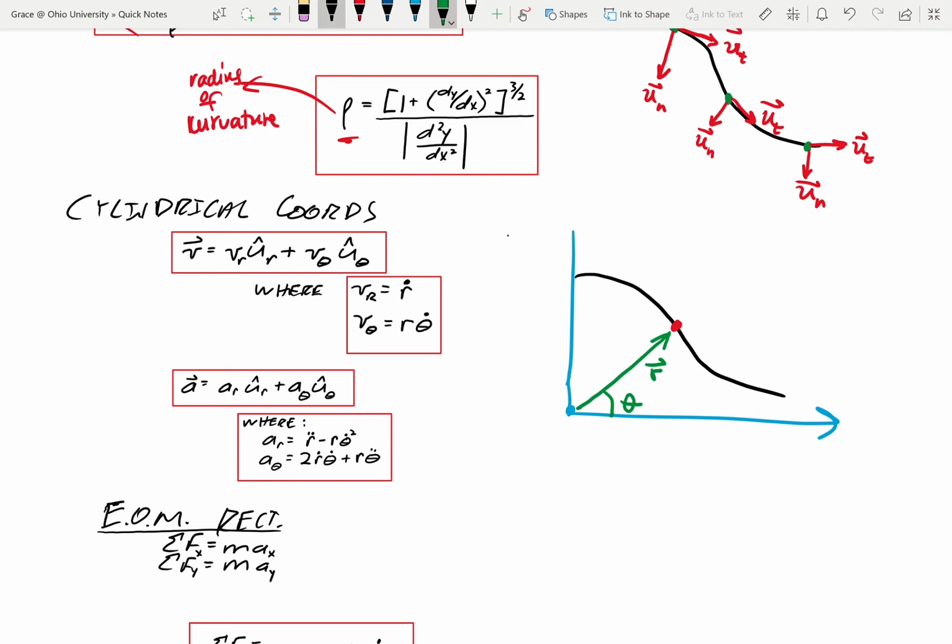So if you want to go ahead and extend out that radial distance, you can see that there is some kind of radial direction that you're moving, which we call u sub r. And then there's some kind of rotation, which is obviously tangent to where we are looking at. That's going to be u sub theta.